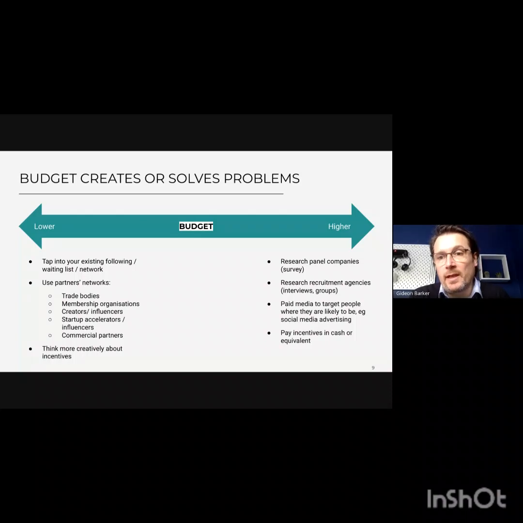Other ways of doing it might be, if it's business to business particularly, then people might be interested in a summary of the findings, or access to some of the data that you're collecting. Maybe you could invite them to an event where you present back some of the data, some of the findings. So providing some form of value to the people that are giving up some time for you is important.